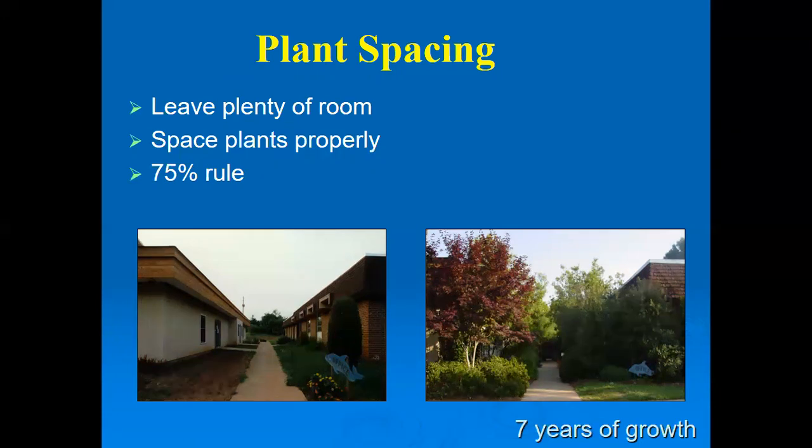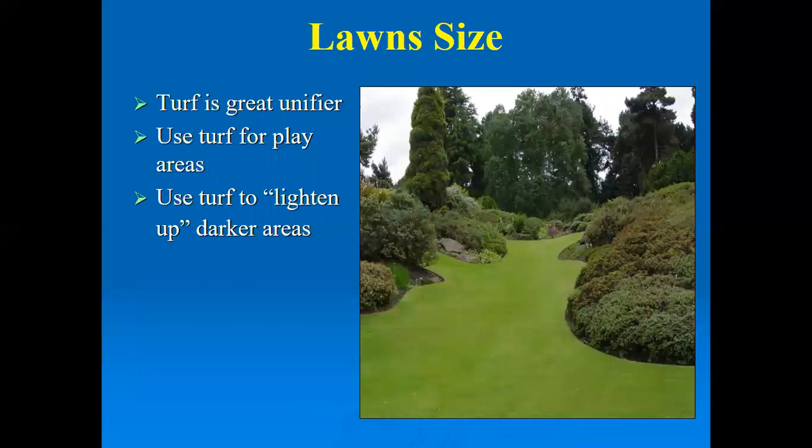This is as it was being landscaped on the left, and that's what it looked like 7 years later. From these pictures, they may have overdone it a little bit. The plants are growing over the sidewalk and walkway. A little too excessive use of plants. Remember, more doesn't necessarily mean better.